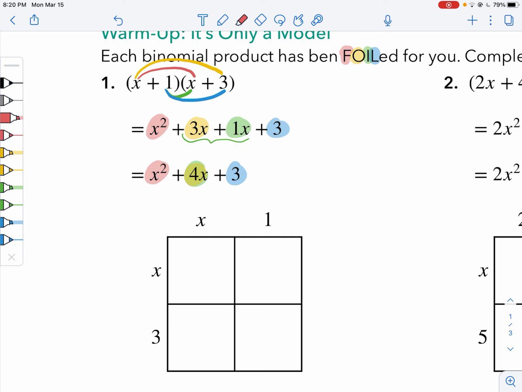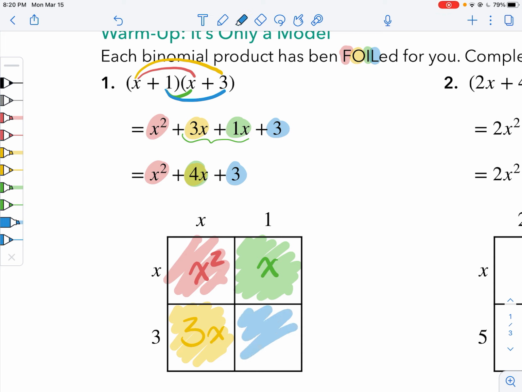That gives us x times x, which is x squared. That was our first. Our outside, x times 3, was 3x. Our inside was 1 times x, which is just x. Our last was 1 times 3, which is 3.